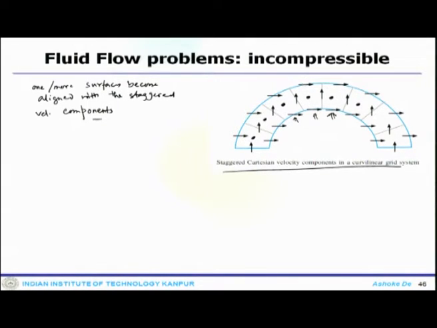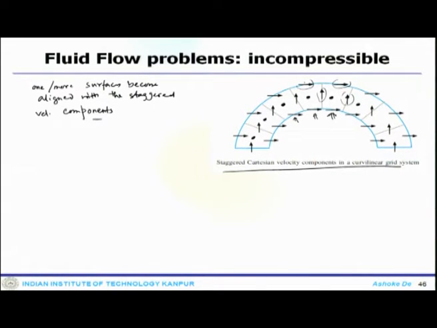Secondly, on the top surface also, this one is aligned with the geometric alignment. Similarly for the V component of velocity, this one and this one have a problem. So, they are aligned with the surface curvature and the components.